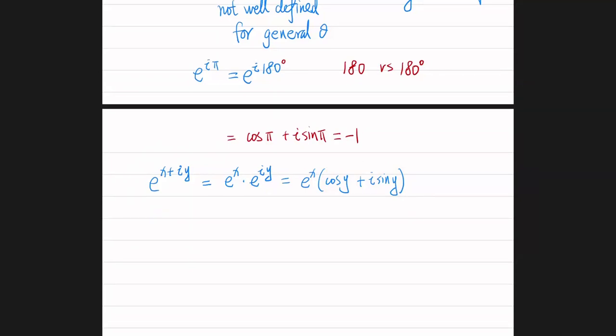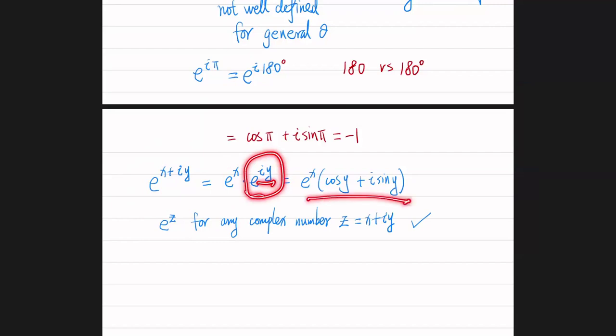Now we know e^z for any complex number is the multiplication of the exponential of the real part and, for this, we apply Euler's formula.